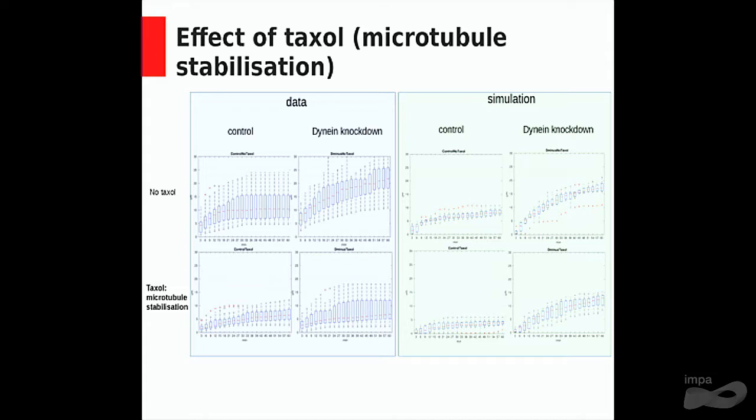Based on that hypothesis, we asked the biologists to stabilize microtubules with a drug called Taxol, for example, that can be done. They redid the same experiments, now applying Taxol to those cells. And this is the data they got. In both cases, control and dynein knockdown, process growth was largely inhibited.